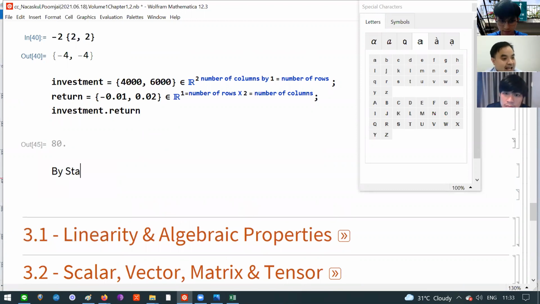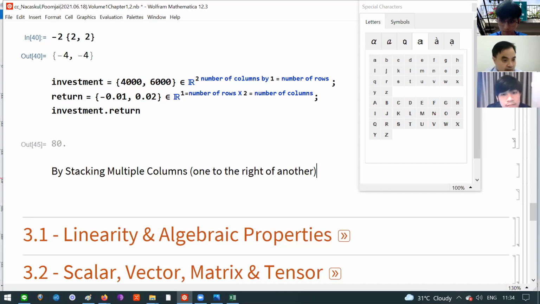By stacking multiple columns, one to the right of another, okay, by stacking n-dimension vectors.